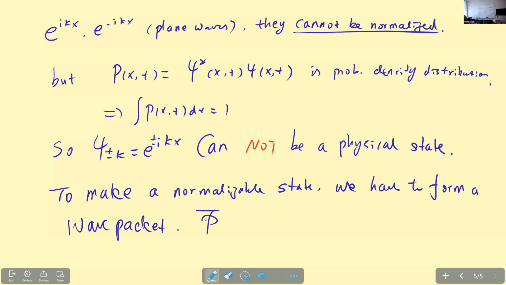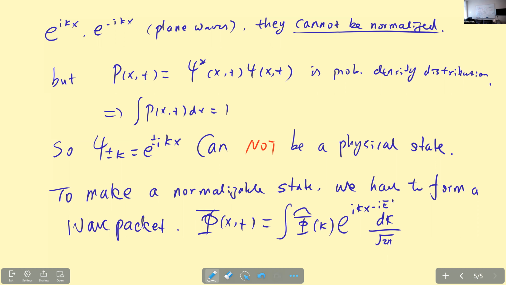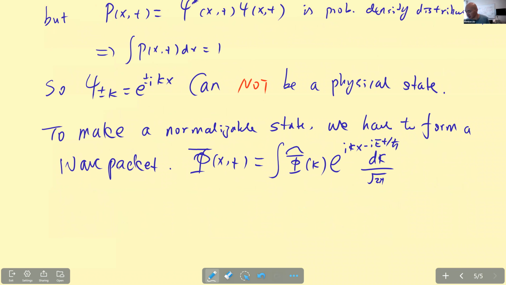For example, you can have ψ(x,t) equal to the integration of φ(k) e^{ikx}, and of course there is energy E_k right here. So this gives us the wave packet, and this way we can actually have a Gaussian wave packet.